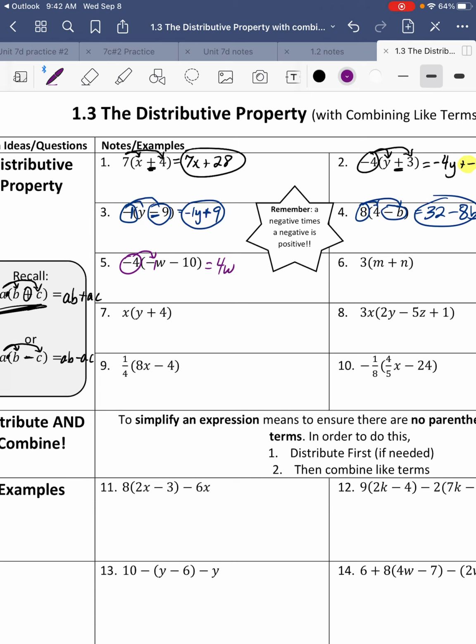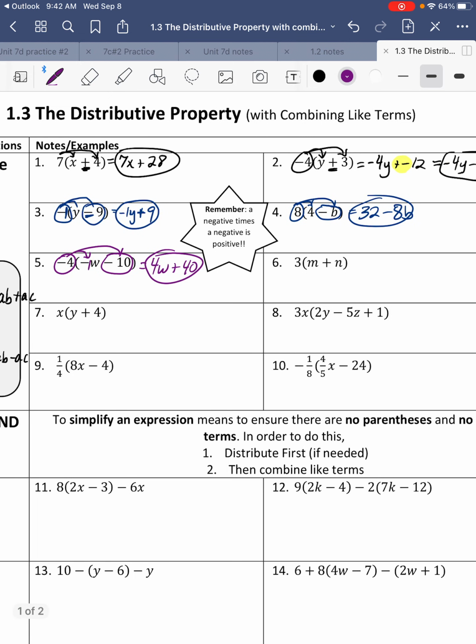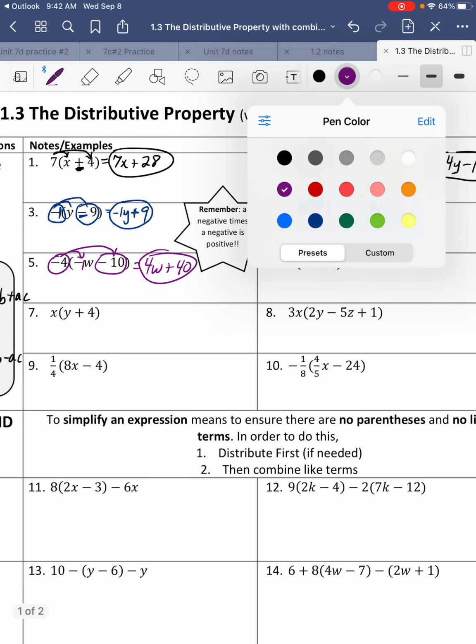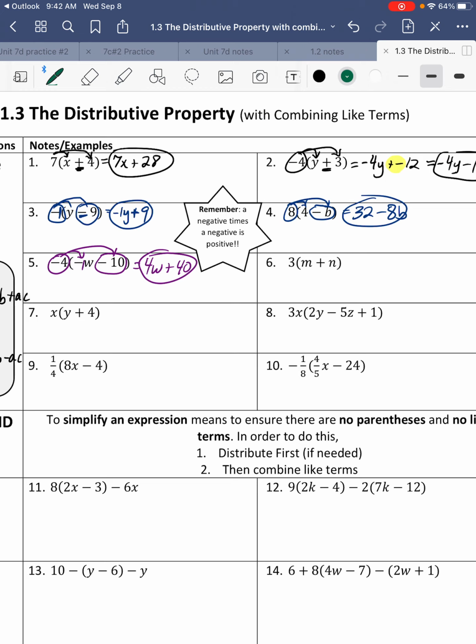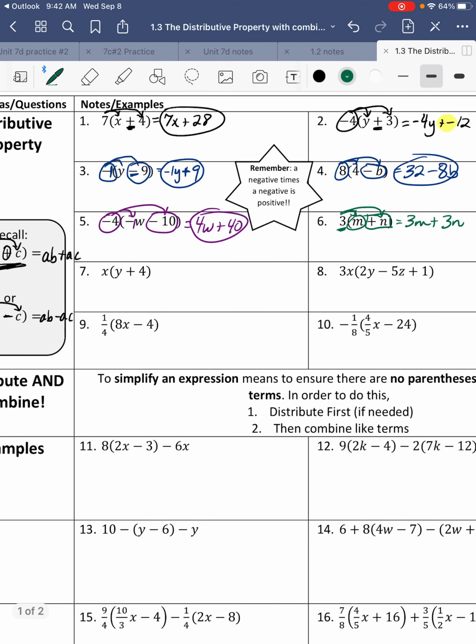And then negative 4 times negative 10 is a positive, 2 negatives multiplied to a positive 40. Number 6, we have 3 times m is 3m, and 3 times a positive n is a positive 3n. So I put the plus.